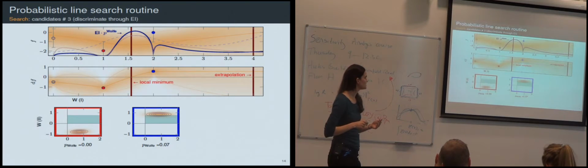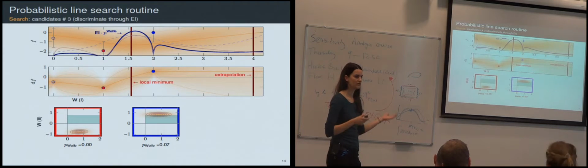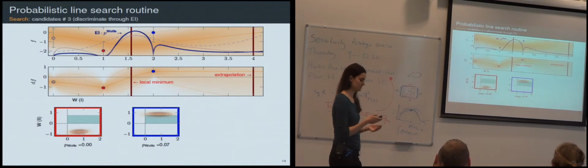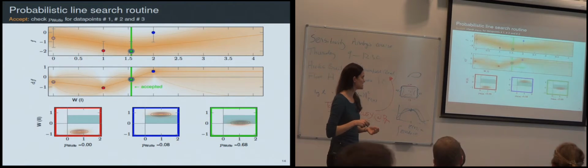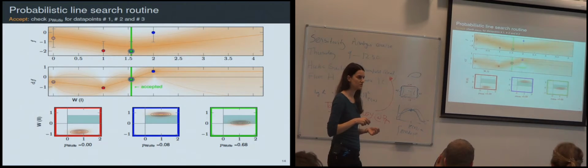So we just evaluate the thick blue curve at these two points, compare these two numbers, take the one with the higher value, and evaluate there. In that case, it's the local minimum. Then we check this point for acceptance, and here there is enough probability mass inside the given area, and that's why the point is accepted.